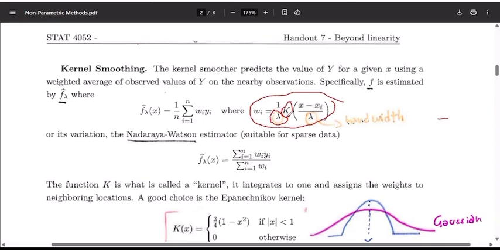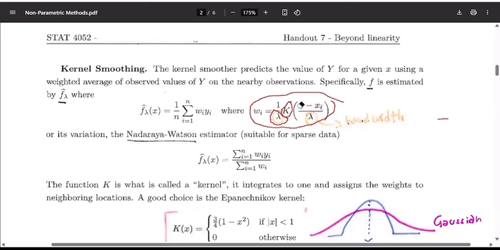I really want to know the amount of data in the neighborhood. When I say the amount of data, I'm referring to probably the percentage of the data. So that is what we call the bandwidth. And of course, you can see the weight is a function of the bandwidth.